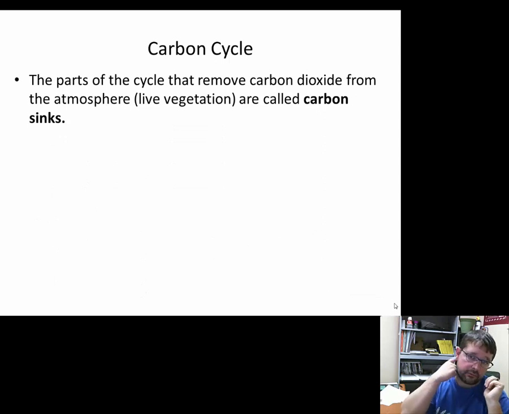Now, some of that really has to do with this carbon sink idea. Carbon is removed from the atmosphere and stored in living vegetation. It's just a food source for plants.